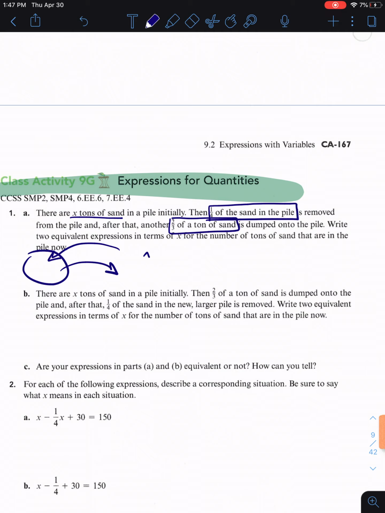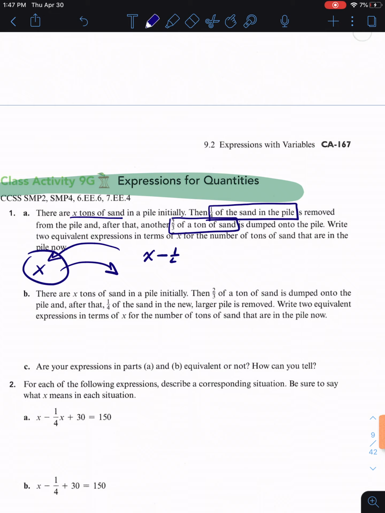So we're starting with X tons of sand. And then a quarter of that sand is removed. The fact that it's removed means we're subtracting, our change is negative here. We're going to subtract a quarter of the sand in the pile, which started off with X tons.